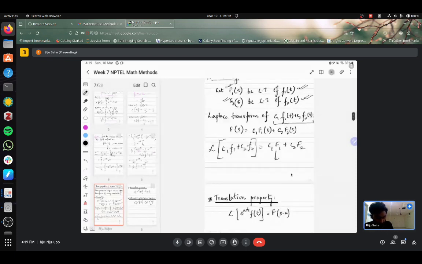So F1 was the Laplace transform of small f1 and F2 was the Laplace transform of small f2.